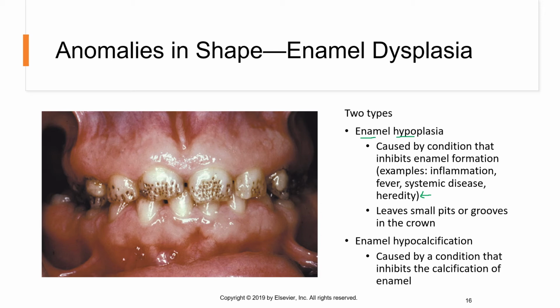That is a condition that inhibits the calcification. The enamel never gets hard. Remember, we need that calcification to help prevent caries and everything, right? So that could be a really big issue for a patient if it's throughout their mouth.